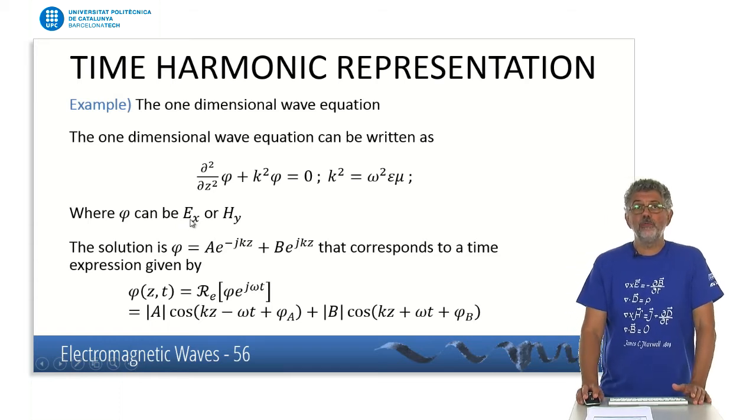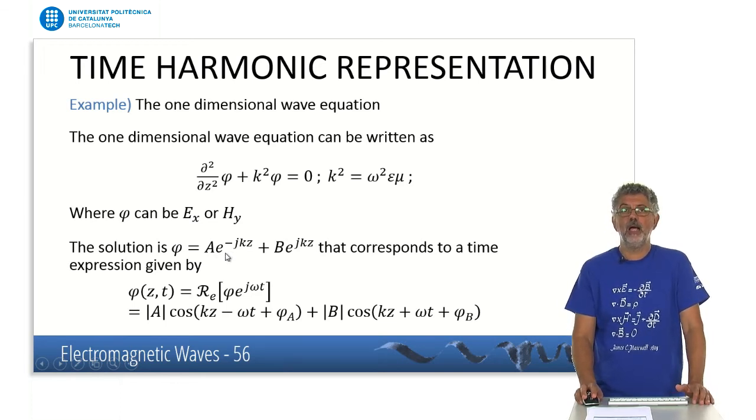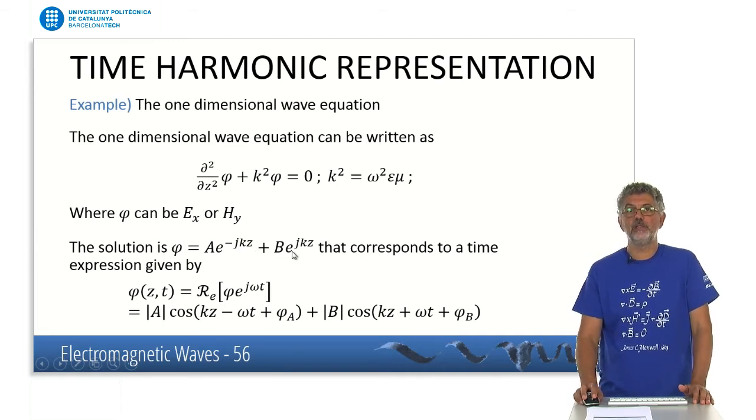The solution for that wave equation is given in this form: A, a certain complex number, the phasor, and this exponential function, which is a wave traveling in the positive sense of the z-axis, and this is a wave traveling in the negative sense of the z-axis.